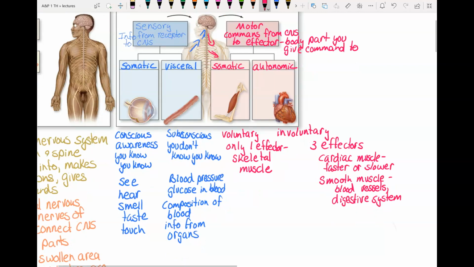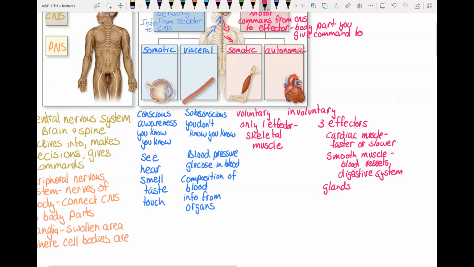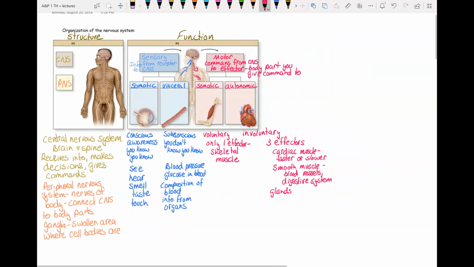That's all autonomic. And the third effector is glands. Think about when you sweat. You don't choose to sweat, it just happens. Or salivary glands, when your mouth waters. Those are all autonomic activities. So there are the divisions, the classification of the nervous system.